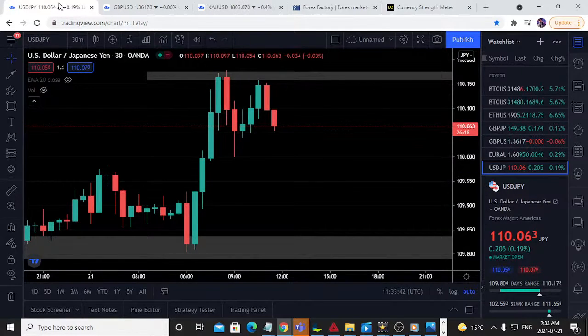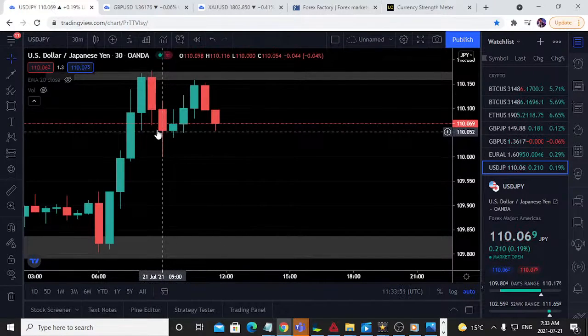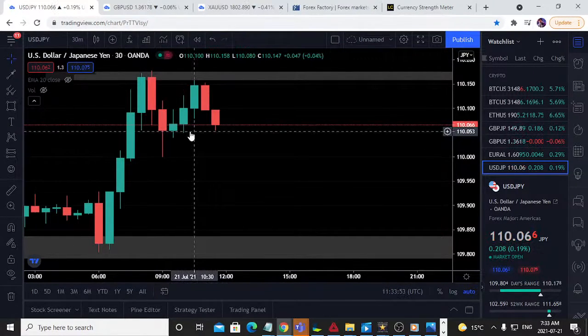This trade looks so good. This trade breaking this low here, this level of support, an impulsive option may work and it may not.